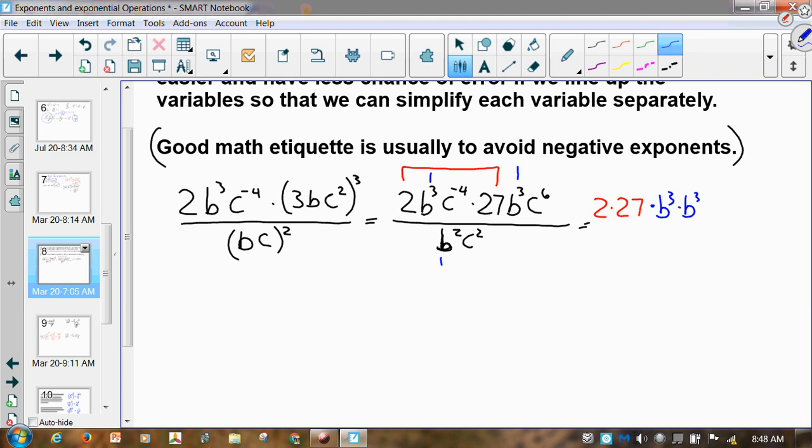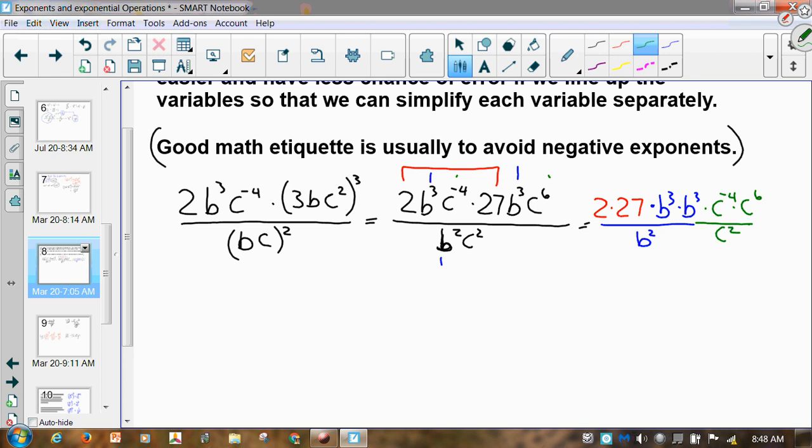And then down underneath, we're going to have b squared. And then we're going to do the c's, put them all together. So I've got c to the minus 4th, c to the minus 4th, times c to the 6th, times c, divided by c squared.